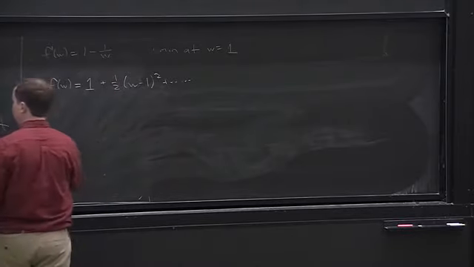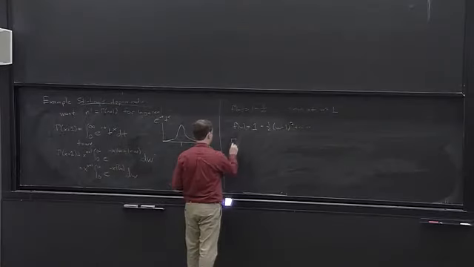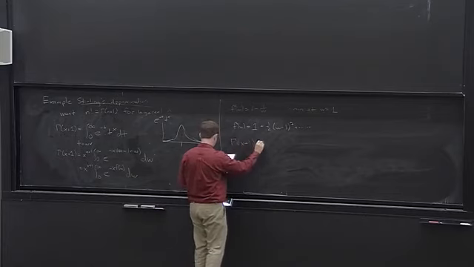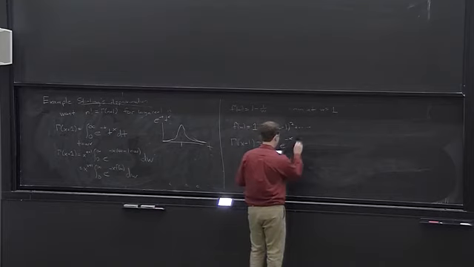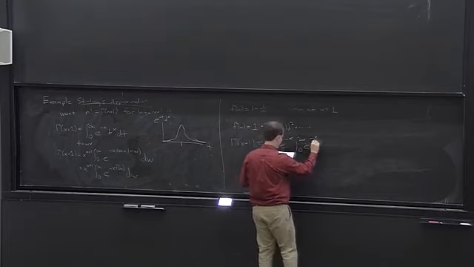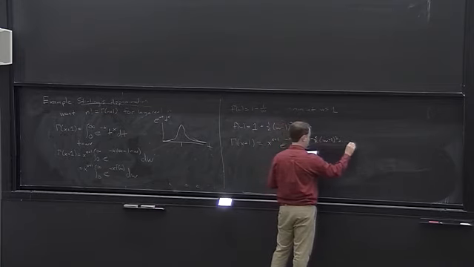And so that means that we can write gamma of x plus 1 as x plus 1 e to the minus x integral minus x over 2 (w minus 1) squared.